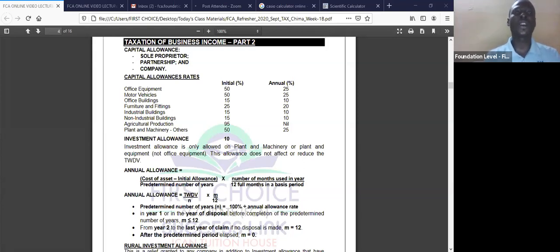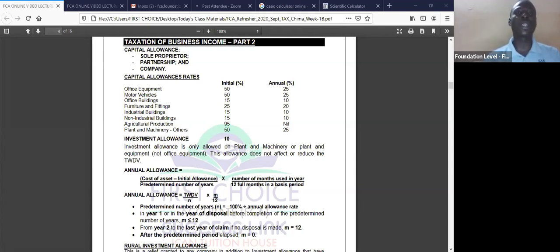Now there is this concept in accounting called the matching concept. The matching concept is such that all the income from a particular period of time is matched with the expenditure that brought about this income in that particular period. Following that principle, the capital allowances are matched in the same period of time with your assessable profit.